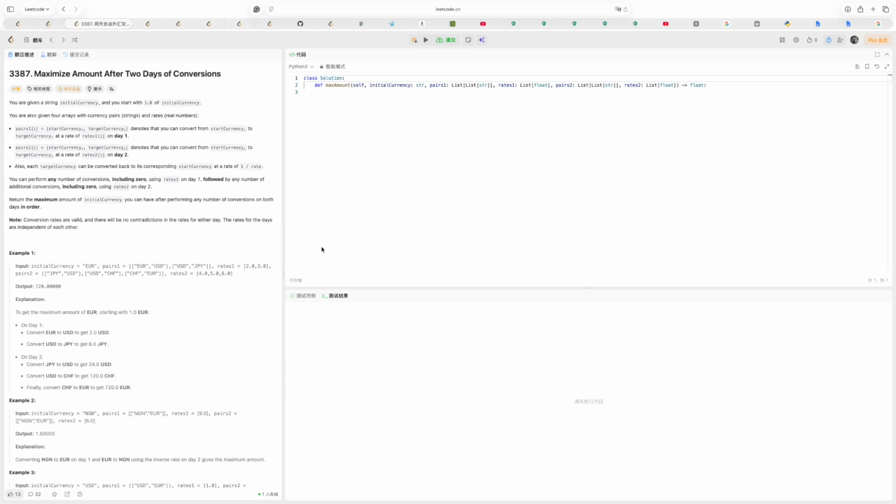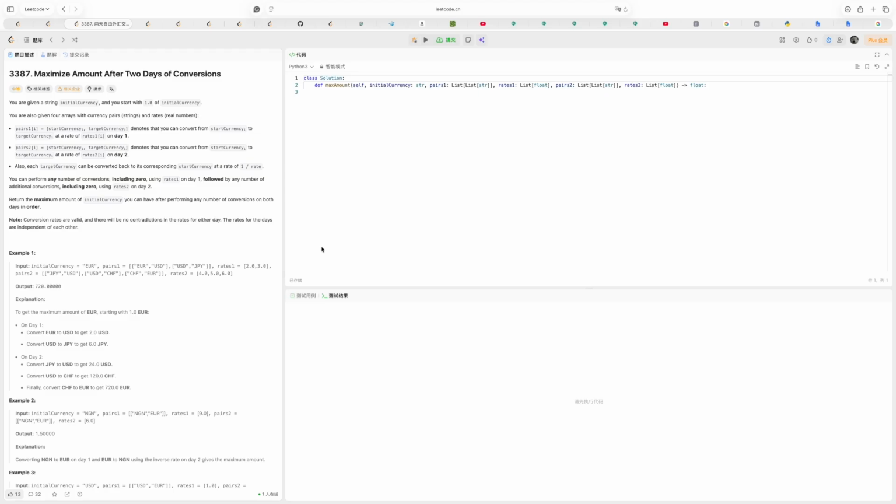Pairs 1i equals start currency I and target currency I, denotes that you can convert from start currency I to target currency I at a rate of rates 1i on day 1.